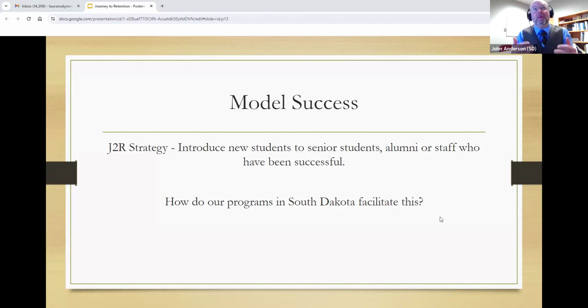And I wonder if they don't elicit other people who are interested through word of mouth. But like you said, bringing that speaker into the classroom would also be a journey to retention opportunity, to really highlight or showcase their skills.